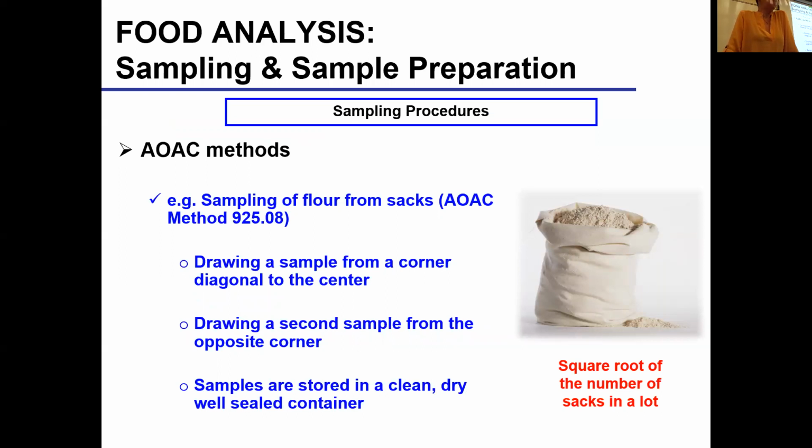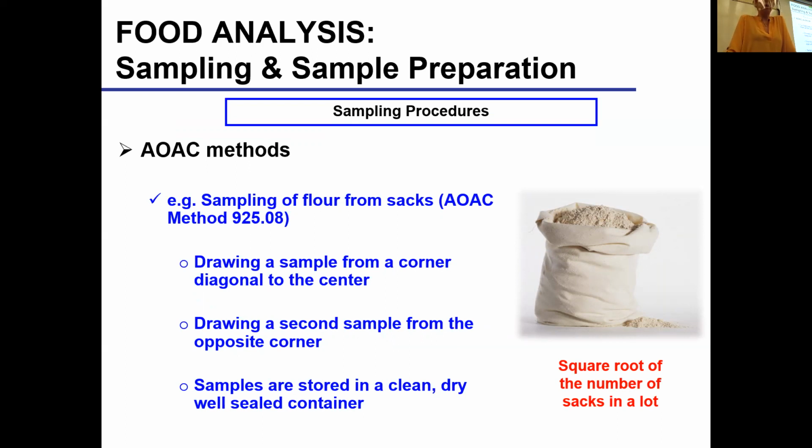Here's an example of sampling from flour. It's a homogeneous product. It's already been milled, and protein content, for example, should be normally distributed in the flour sample.